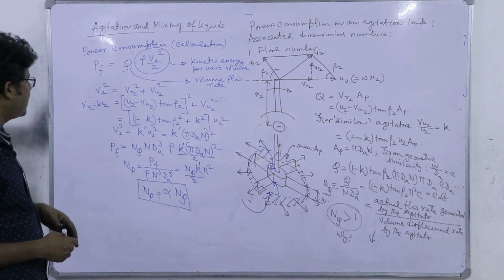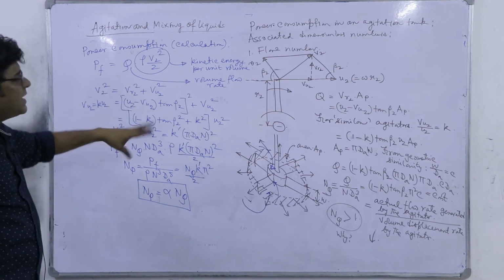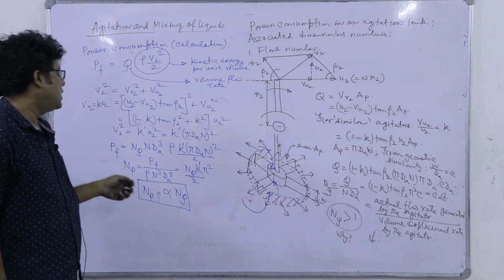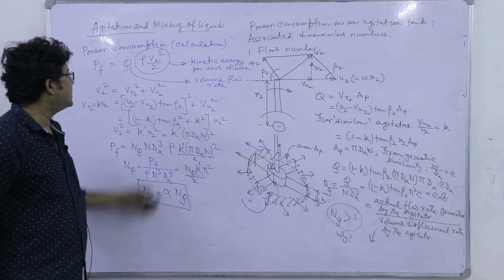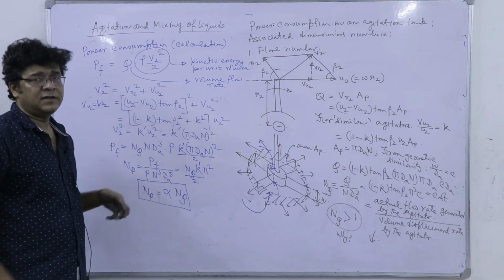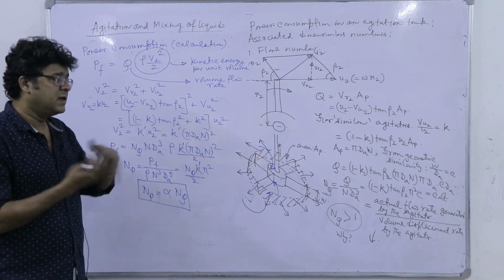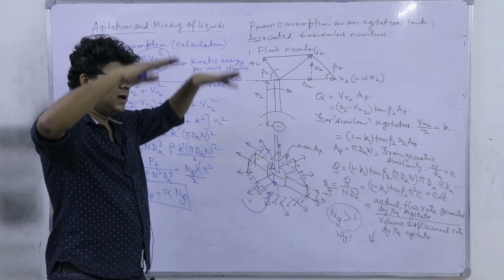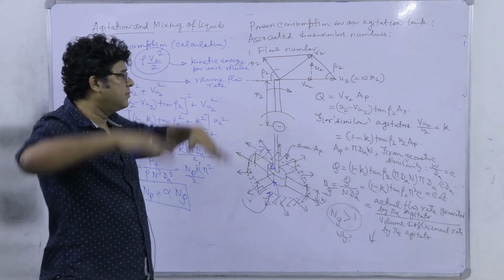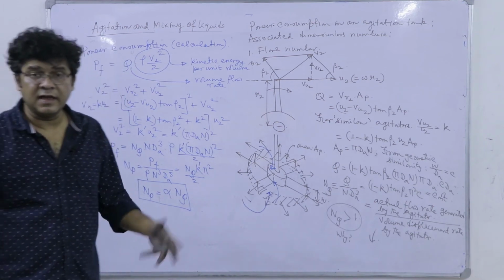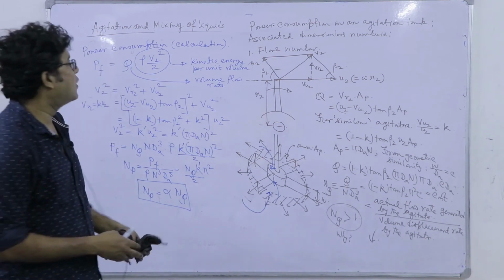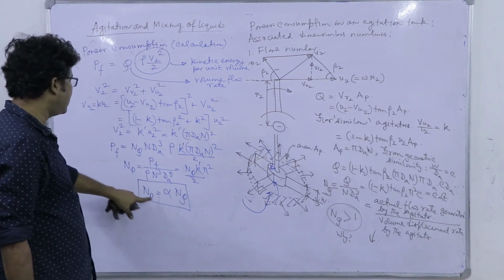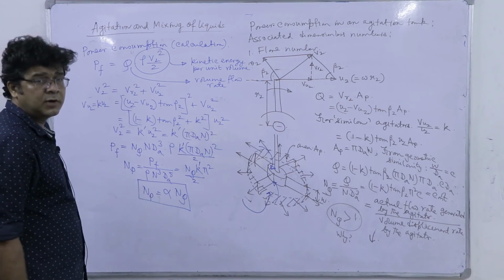And this is the power supplied to the fluid. But this is a very semi-empirical kind of theoretical analysis we are presenting here, but actually there are a lot of non-idealities. It's not only the kinetic energy, there are different other forms of energy. The kinetic energy is being wasted in swirling at this level, in maintaining the level above the datum, right? The stratification of the liquid in case of specifically the unbaffled tank. So there are a lot of issues which actually restrict the use of this power number to flow number proportionality.